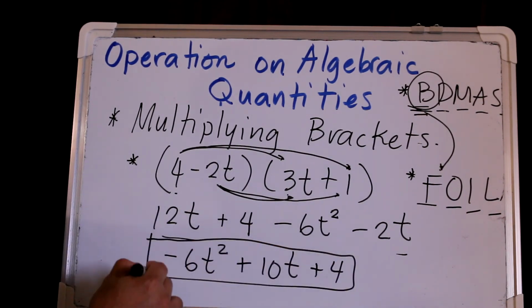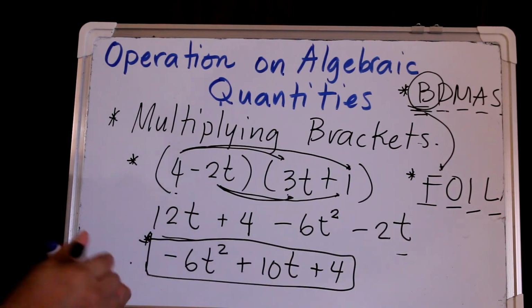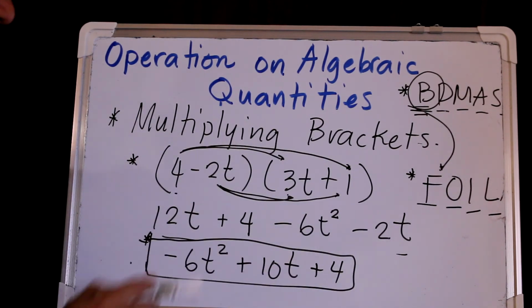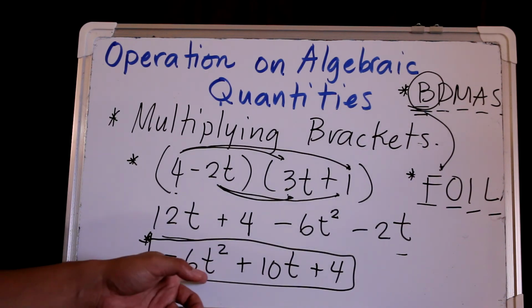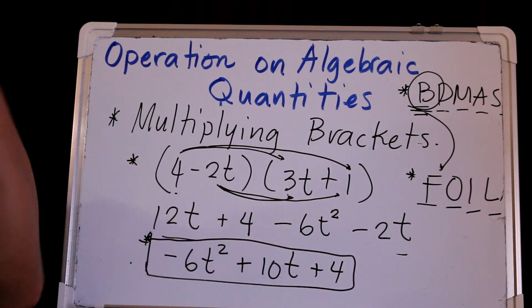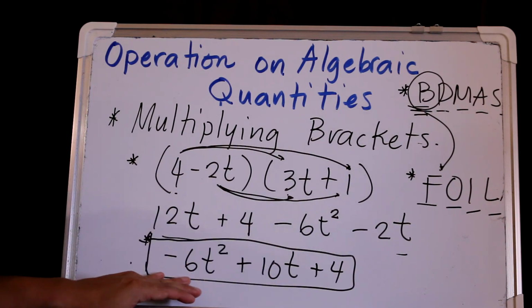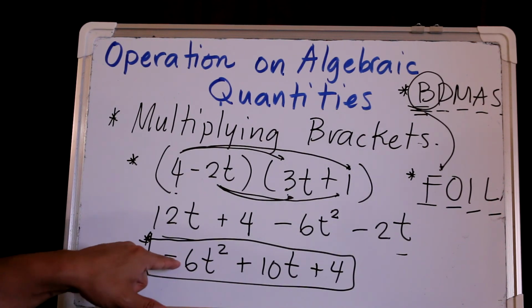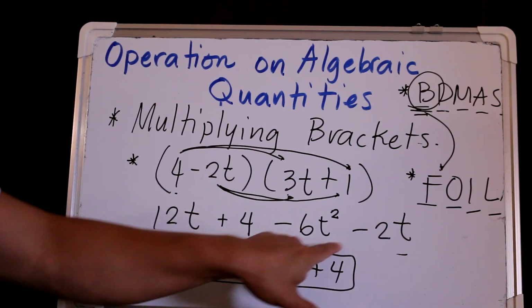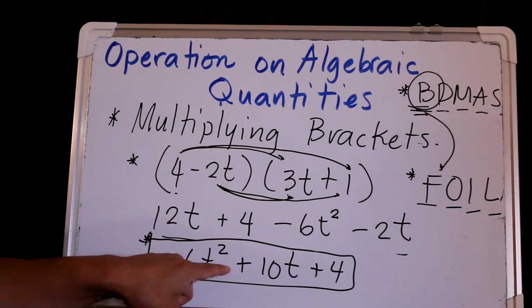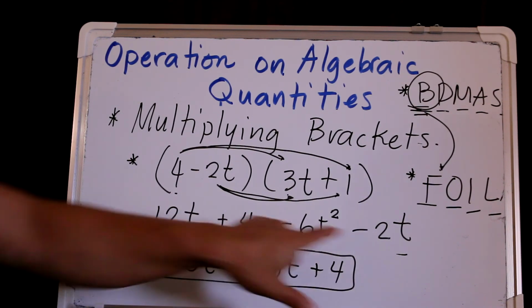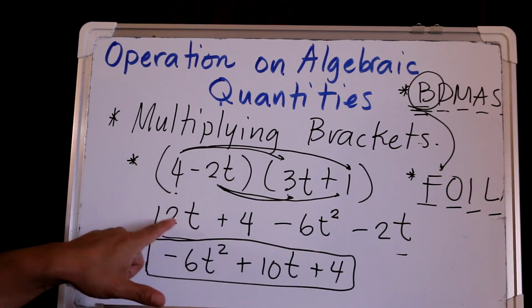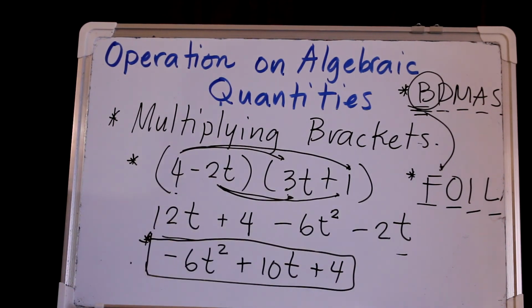So what happened here is I just arranged them from the highest power of the variable t. Okay, so this is our final answer, and this is a type of quadratic expression. So you have minus 6t squared, and then you combine this and that, 10t plus 4.